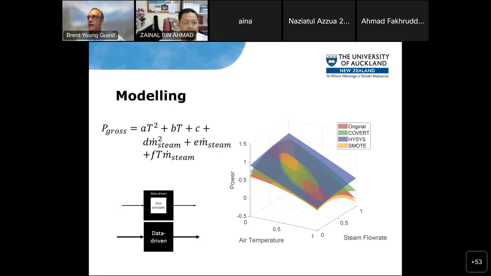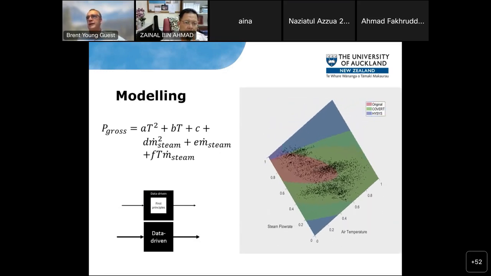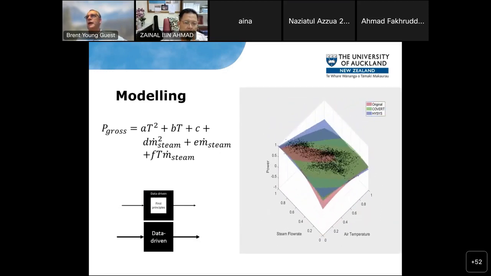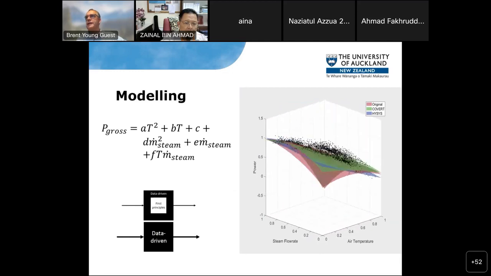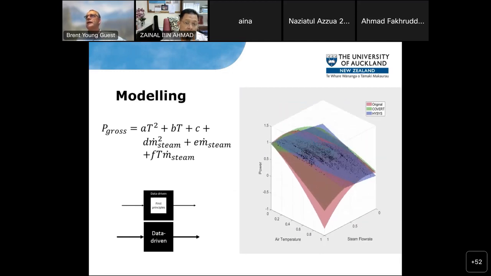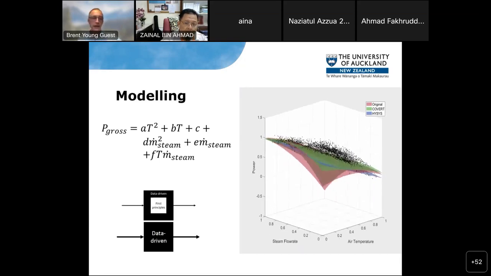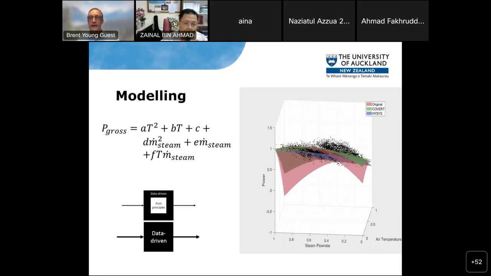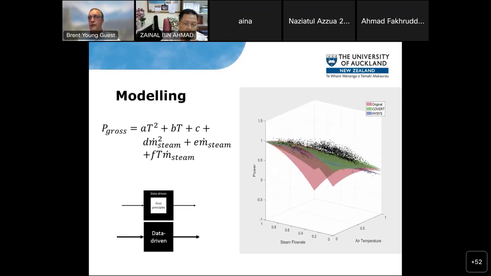And you can see here, arguably, that COVERT sits somewhere between the original data set and the HYSYS model, whereas SMOTE is actually slightly outside both. It's a bit easier to see if we rotate it in 3D space. The points here are the data that were used for the model. Again, the actual whole data set would be in 13-dimensional space.